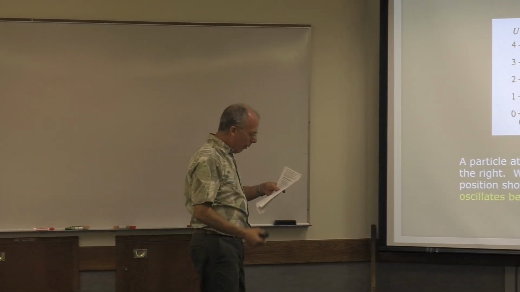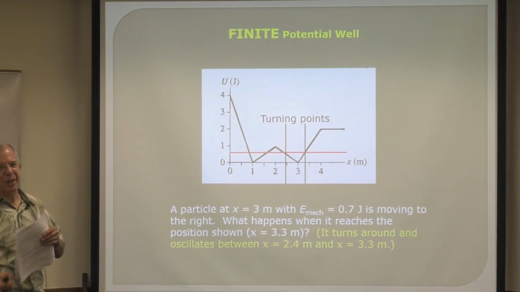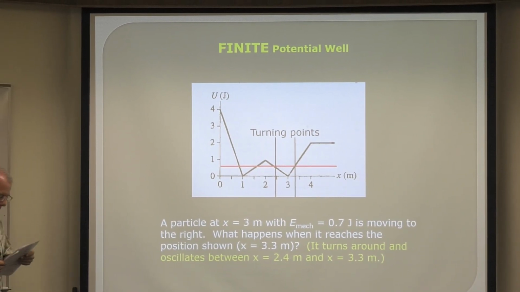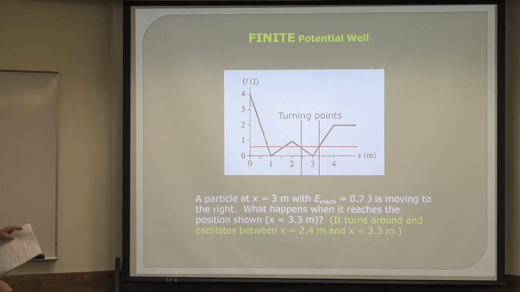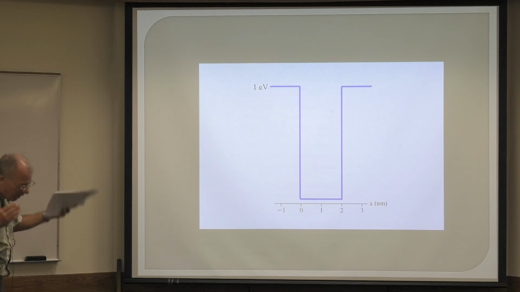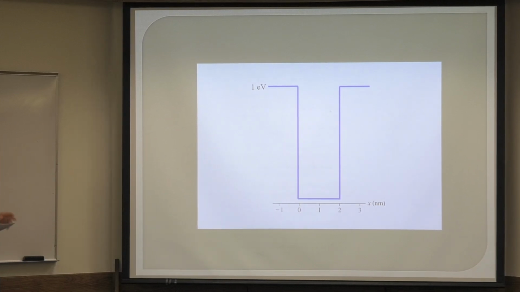Well, now we're going to see what really happens in the quantum world. What we want to do is look at a realistic problem. So this is a semiconductor. Don't worry about that. It's just something that sometimes acts like a conductor, sometimes it doesn't.